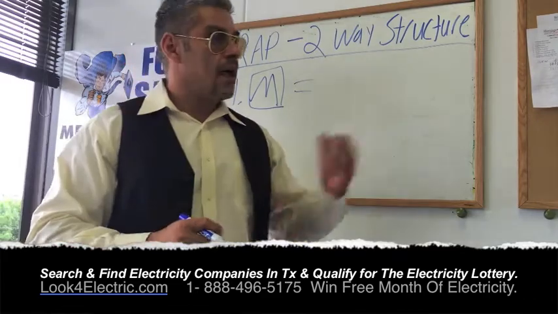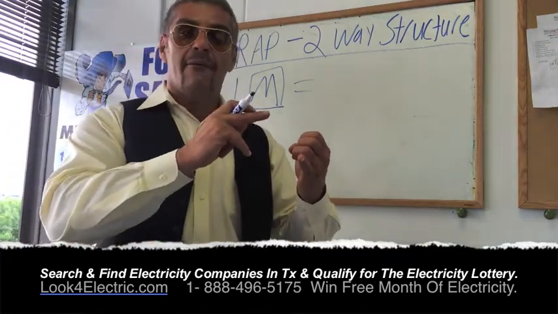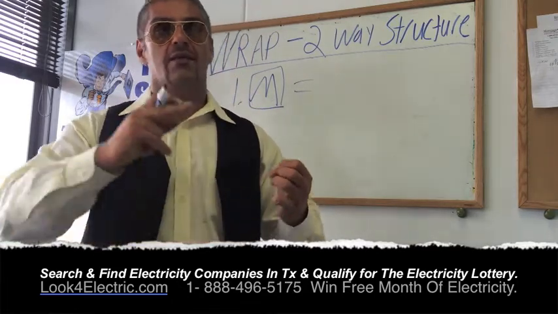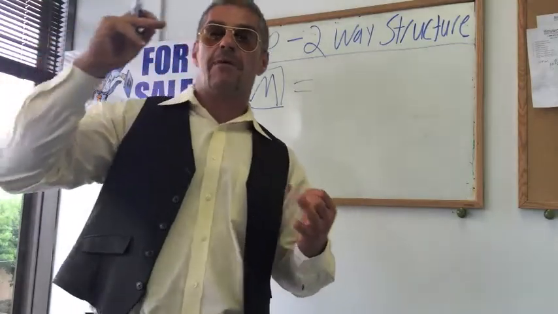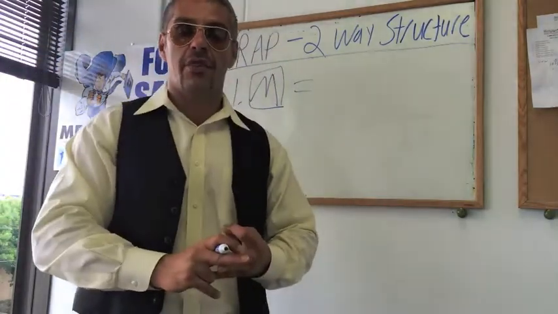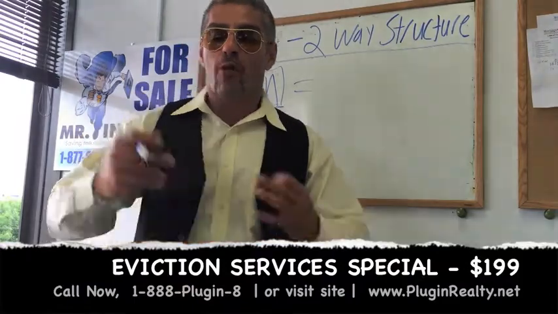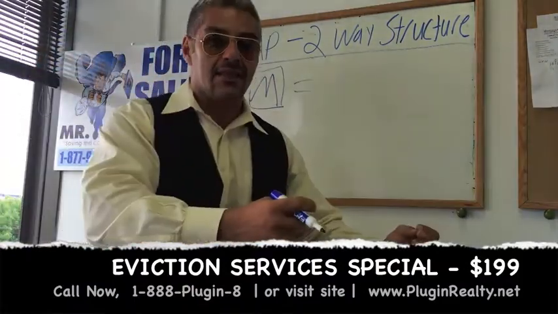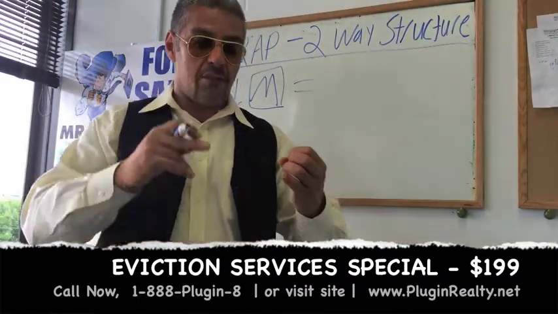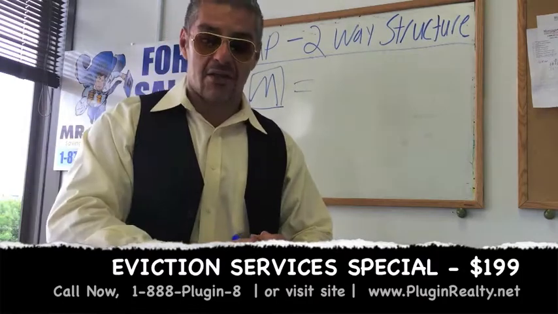For example, if the seller's underlying note is a 5% interest rate, they owe $100,000, and the monthly payments are $1,000 a month, then when you wrap the transaction and buy it, your monthly payments are going to be $1,000, 5%, and $100,000.